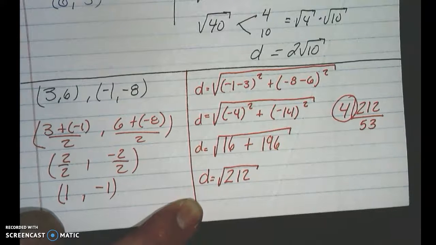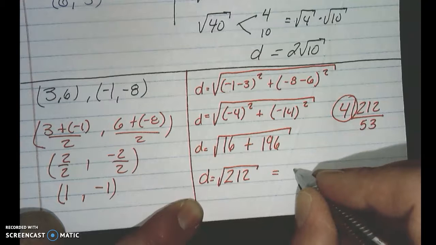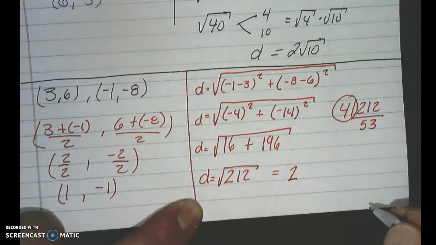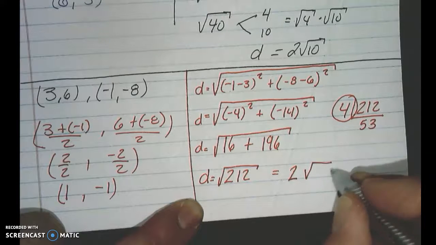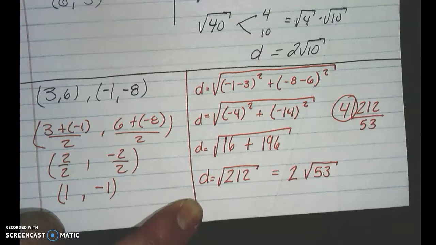So what's the square root of 4? Square root of 4 is 2, right? What's left inside the radical? 53. So 2 square roots of 53. Okay?